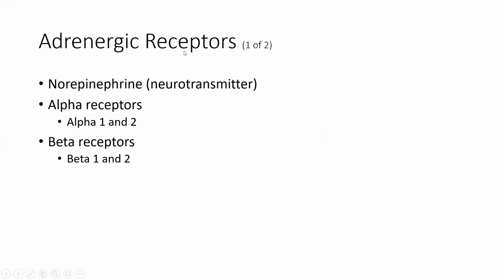Now, adrenergic receptors are further of two types: alpha receptors and beta receptors. Alpha receptors are further alpha 1, alpha 2. Beta are further beta 1 and beta 2. So alpha receptors and beta receptors are adrenergic receptors, and they receive the neurotransmitter norepinephrine, which is always released at the time of stress.